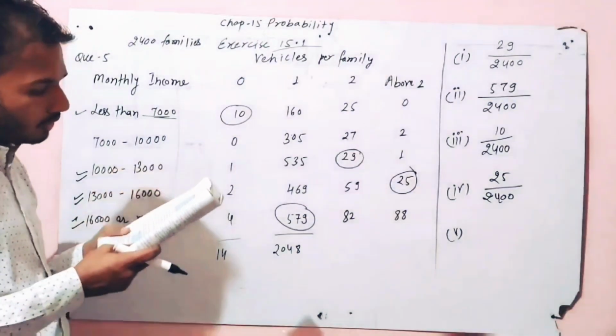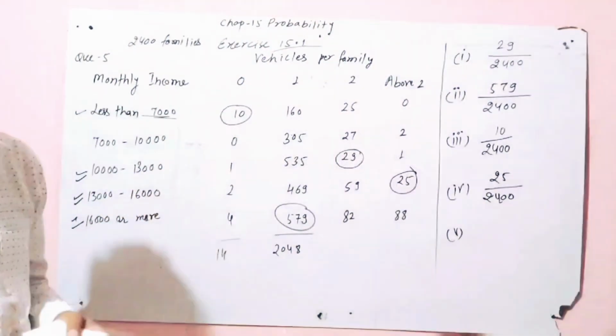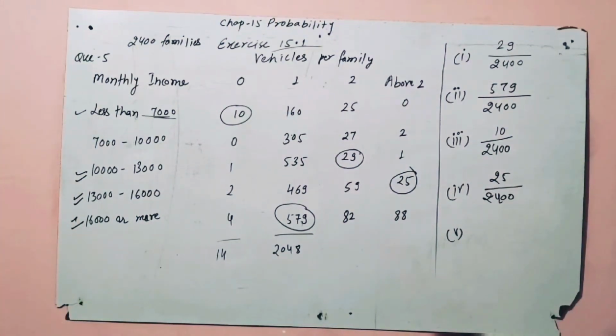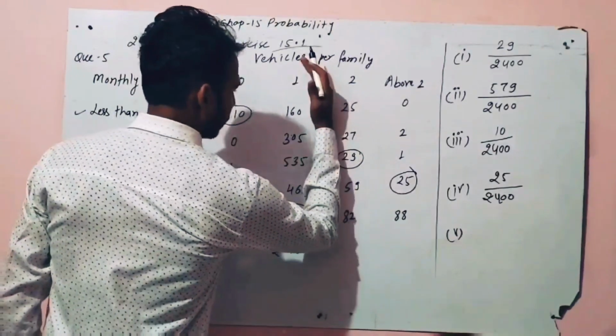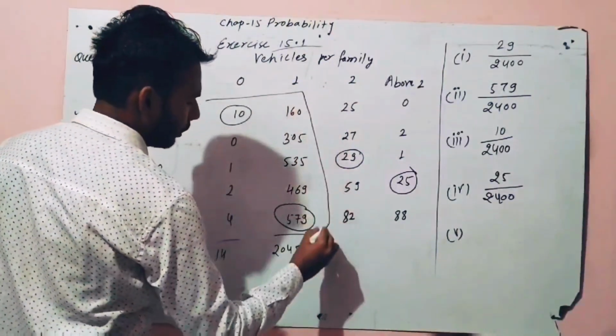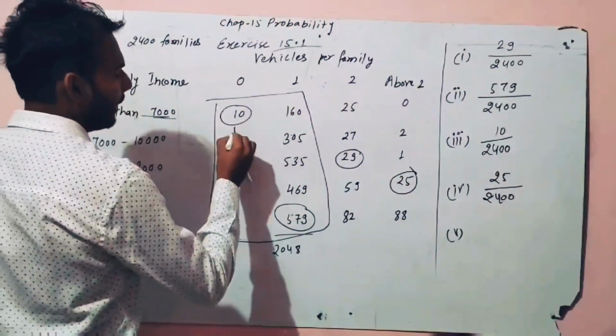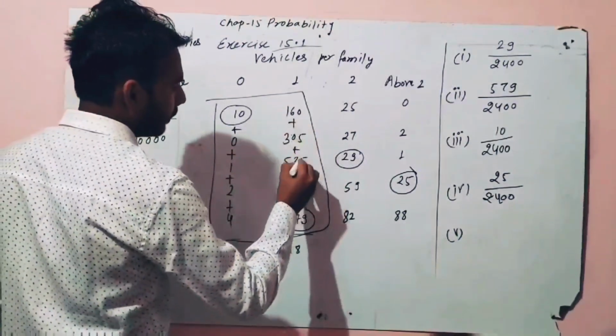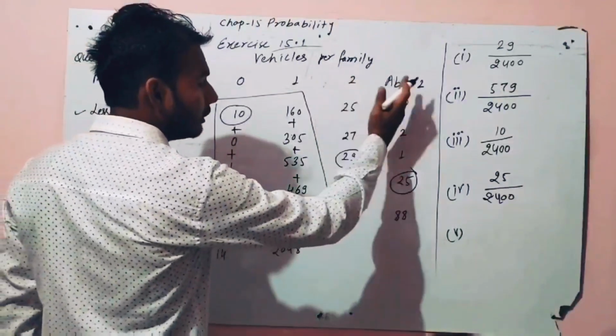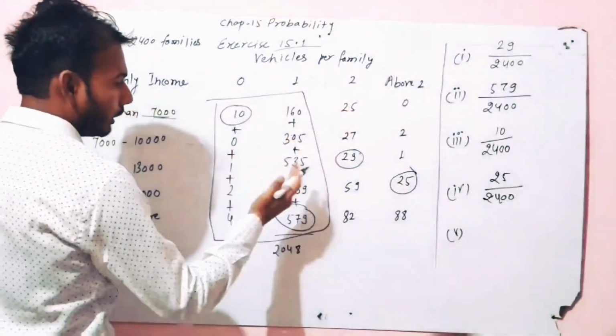Next is owning not more than one vehicle. How many families are not owning more than one vehicle? We have to find out the total of these families, so we have to add all of these: those not having more than one vehicle, so less than or equal to one vehicle.